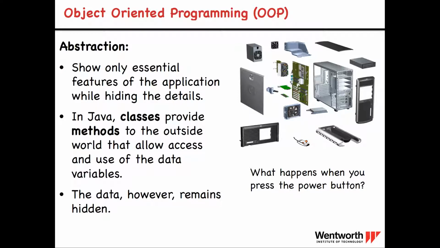From an electrical engineering level, there's a lot of important things happening to turn your computer on. But from a user level, from someone sitting at their desk who presses the power button, we don't really need to know what's going on. We just want to press the button, and the computer turns on and we start working on it.